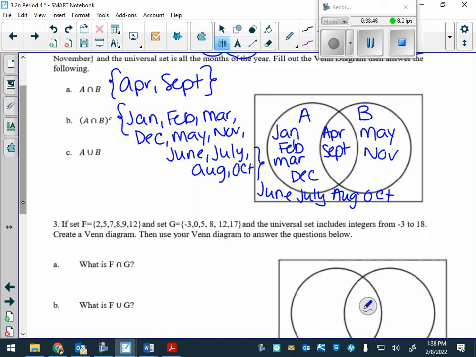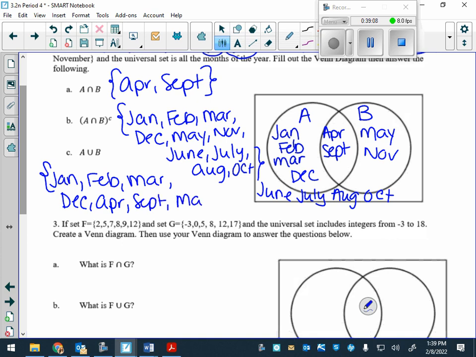A or B or both. What do we got? Nolan. Perfect. January, February, March. Good.